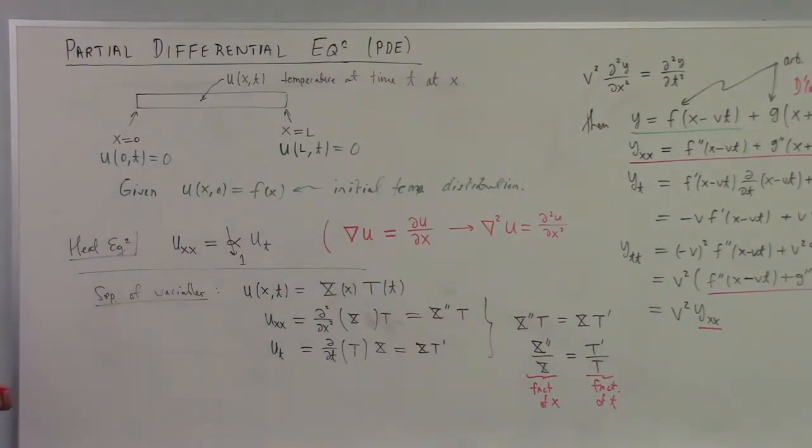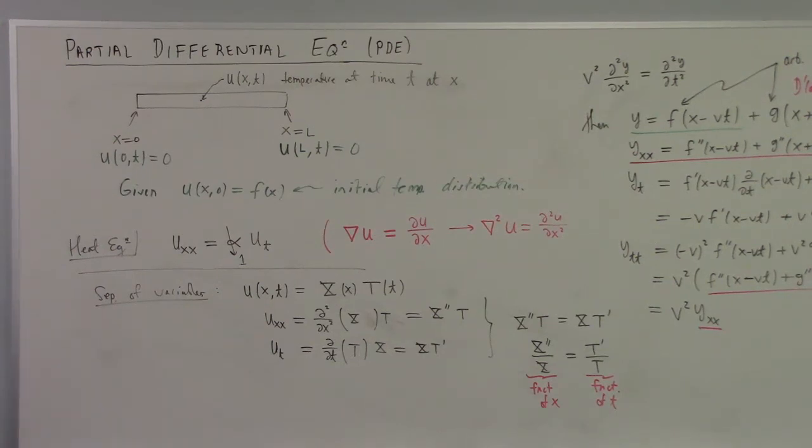That seems like a contradiction. How can you have something that's a function of x equal to a function of t? Isn't that impossible? Apparently not. What's the thing we sometimes are a little bit careless about when we talk about functions of time and functions of space?